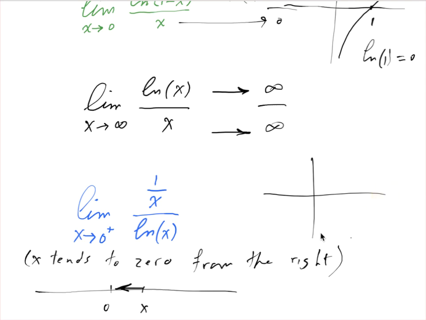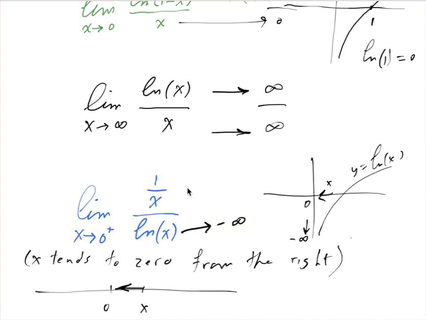So here's the graph of the ln of x, and as x tends to 0 from the right, ln will go down to negative infinity. So the denominator tends to negative infinity.